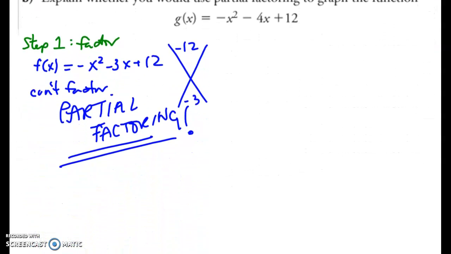So we're asked to factor this question, and we cannot find two factors that multiply to negative 12 and add to negative 3. And so we need to use partial factoring. So we take the original function, and what we're going to do is just take a common factor out of the first two terms.